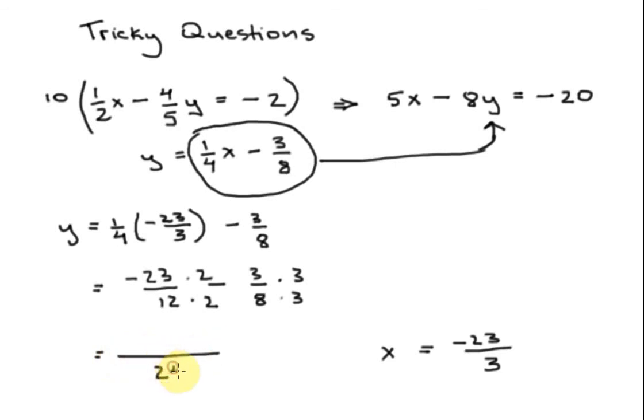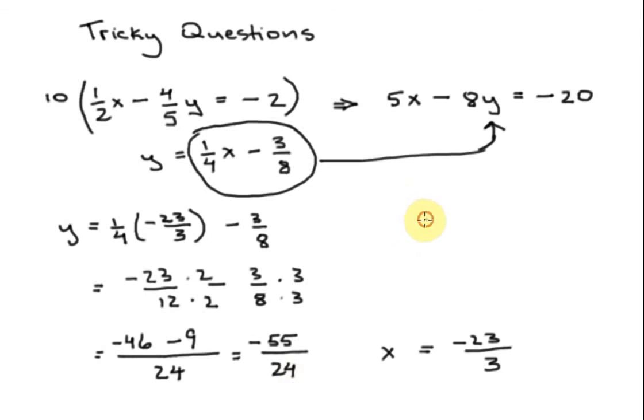So I'm going to have a common denominator of 24 and I'm going to get -46 and then minus 9. So that's going to give me a y-coordinate of -55/24. And I don't think that reduces at all, so that's going to be my final answer.